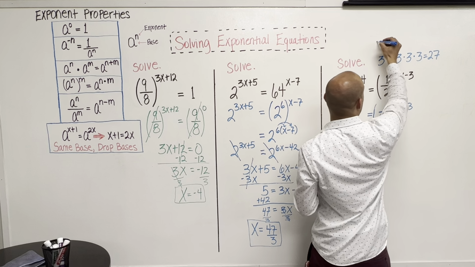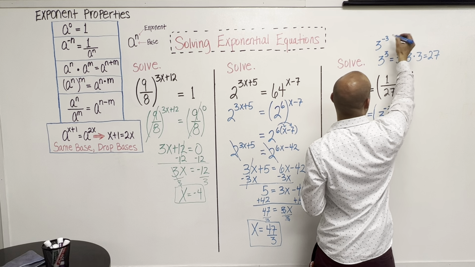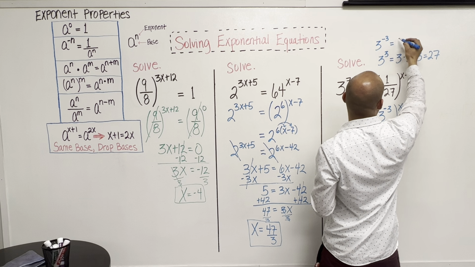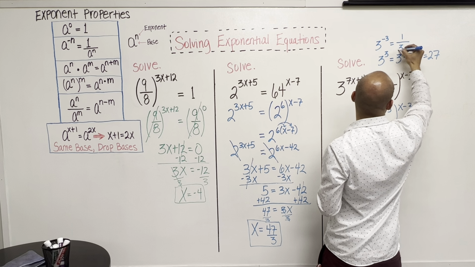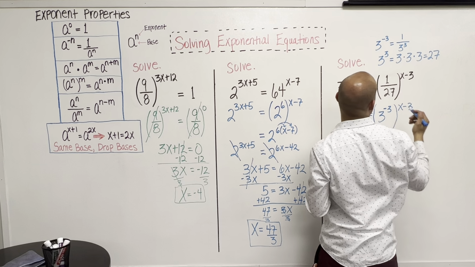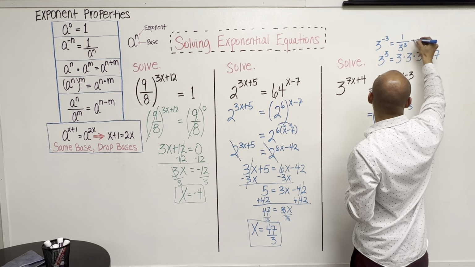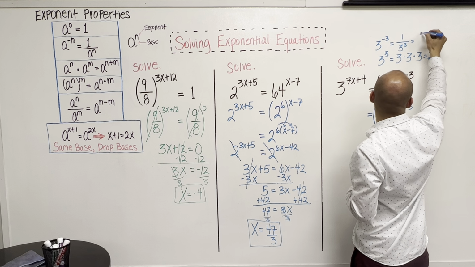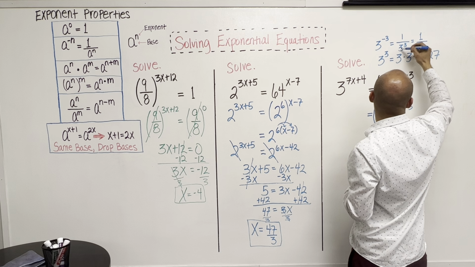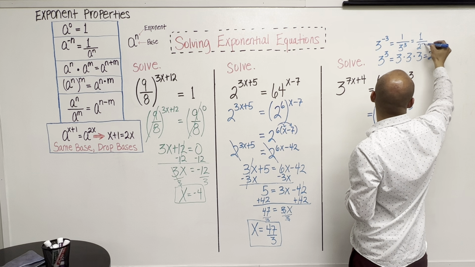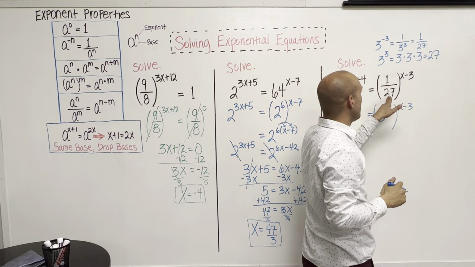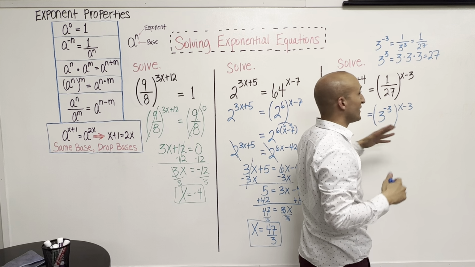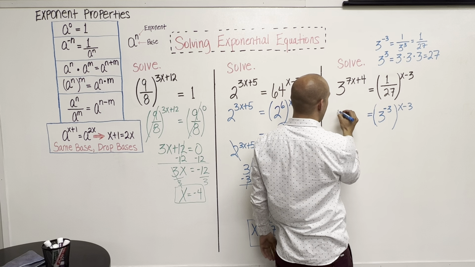Because if I have 3 raised to the power of negative 3, then I would have to bring that down according to my property, and then now my power is a positive. So then 3 raised to the power of 3 is 27, like we've determined here. Now this would be equal to this. Looks different again, but it's the same.